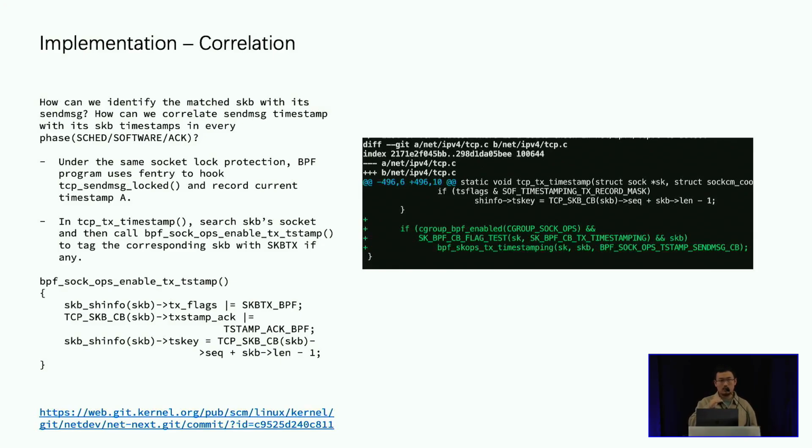We use fentry to hook tcp_sendmsg_locked, for example, and record the timestamp. And then we will call this new callback in this figure to do the correlation, to correlate the TSK with the SKB. We will go into more details if someone has questions on this. I'm afraid I'm running out of time.